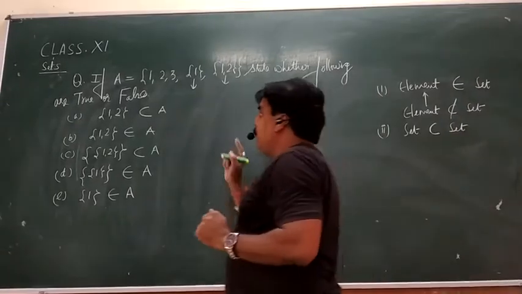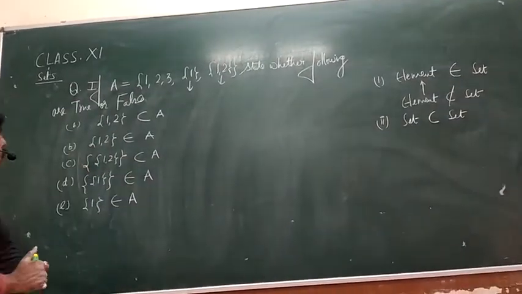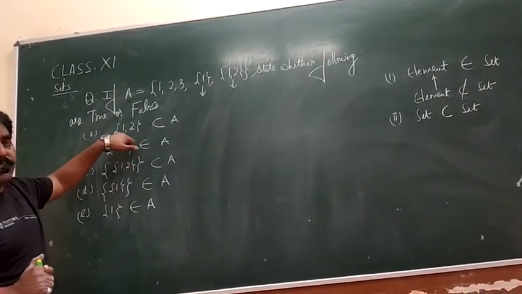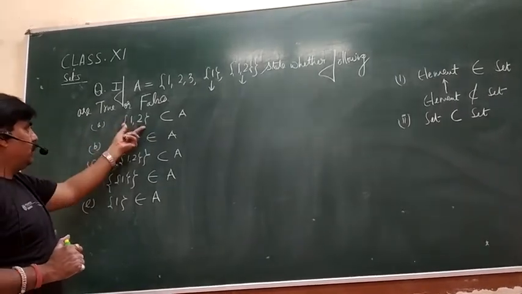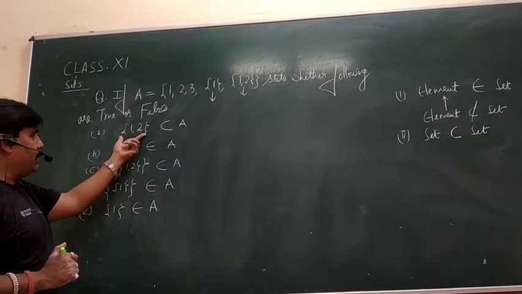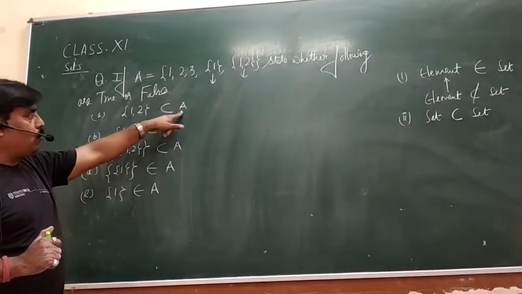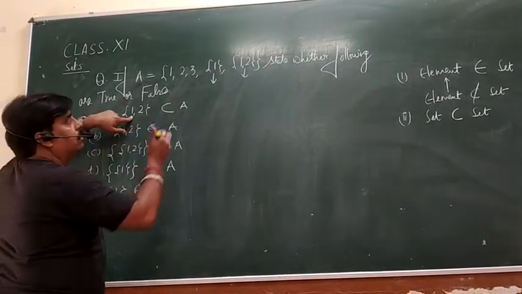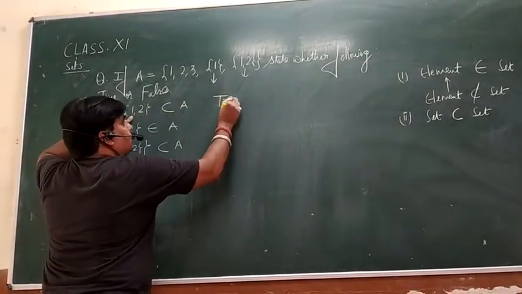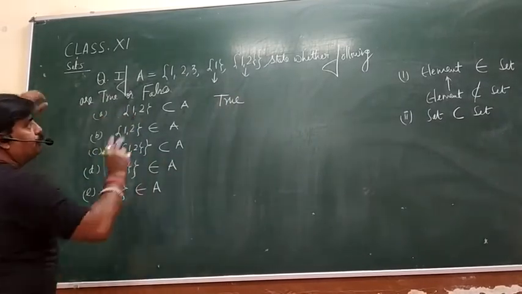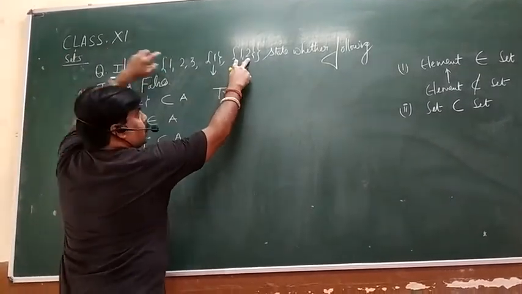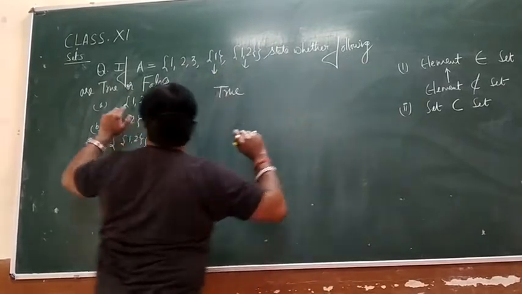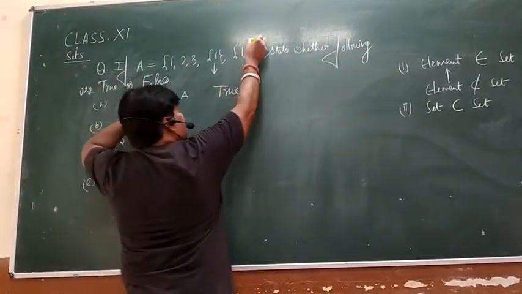So look here. We want to know which one is true and which one is false. What about this one? {1, 2}, given inside the curly bracket, is a subset of A. Is it true or false? This is true. Why is it true? See now, this is the element. It is already discussed that an element belongs, but here we are saying this is a subset.